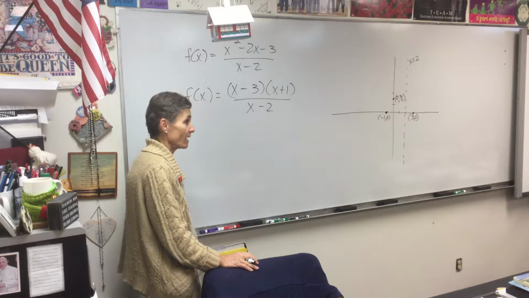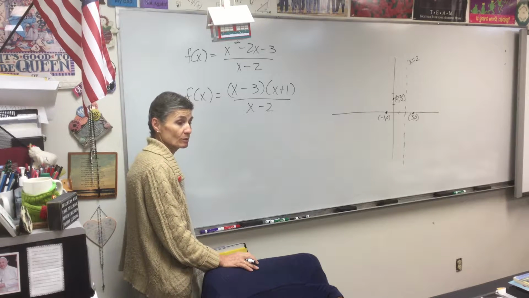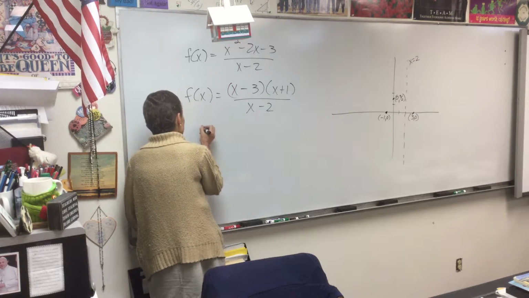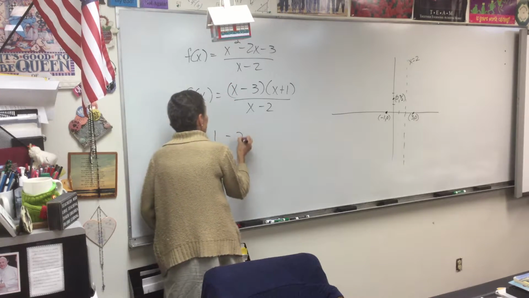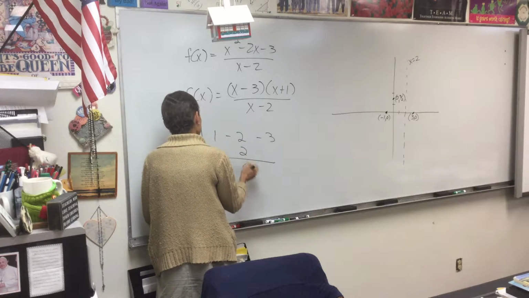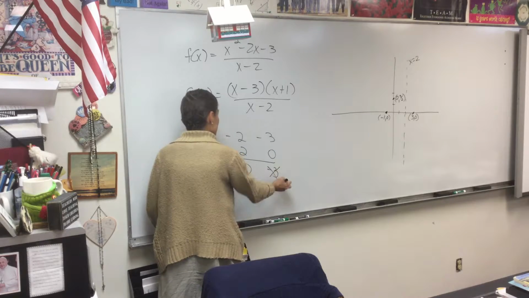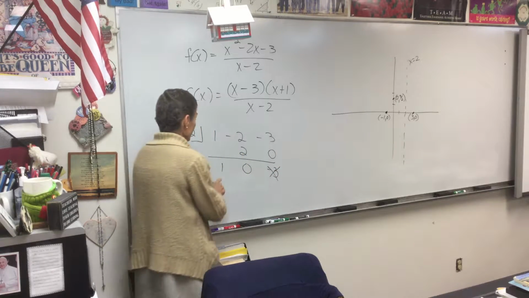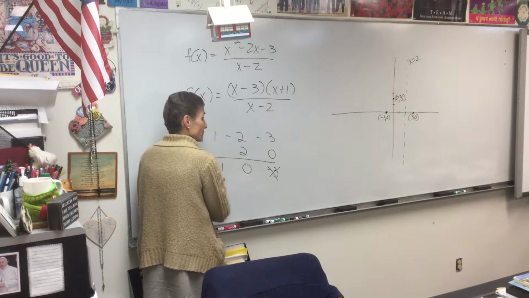How am I going to find my end behavior asymptote? Patty? Synthetic division. I'm going to divide the problem right there. I know I'm not going to get 0. That is not an issue for me. I couldn't care less about that denominator, right? What I care about is right here. What does this say?